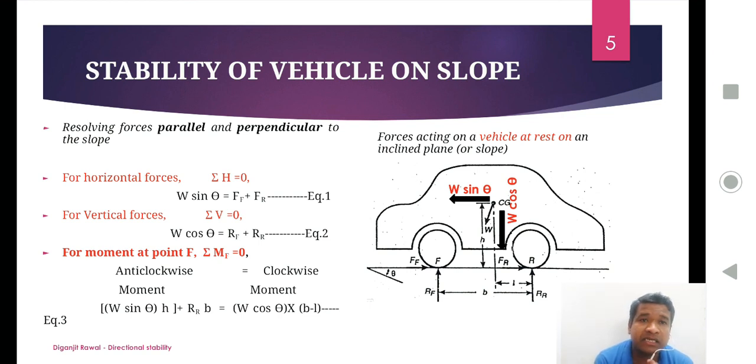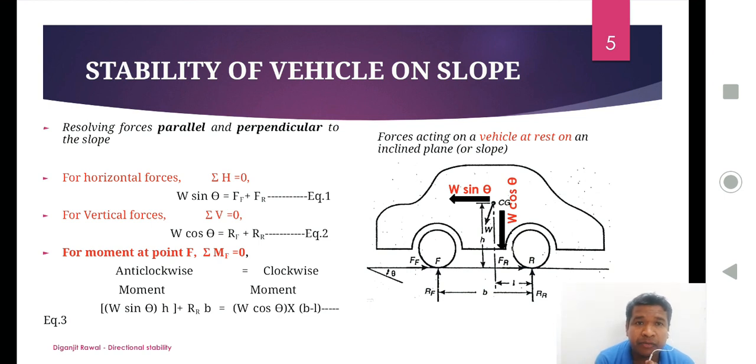We call this equation number 1. Next, for vertical forces, summation V is equal to 0, so downward forces equal upward forces. The downward force is W cos theta, and the upward forces are RF plus RR. So W cos theta is equal to RF plus RR, which we consider as equation number 2.